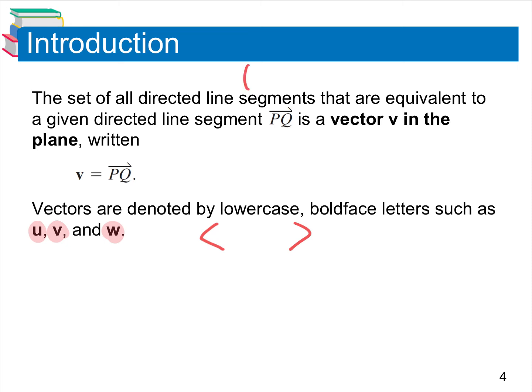So if you see parentheses, this means that it's a point. The arrow means that it's a vector. So if the question asks to list the vector and you put parentheses, it'd be wrong, because parentheses mean points.